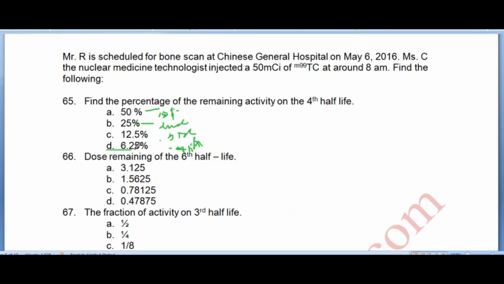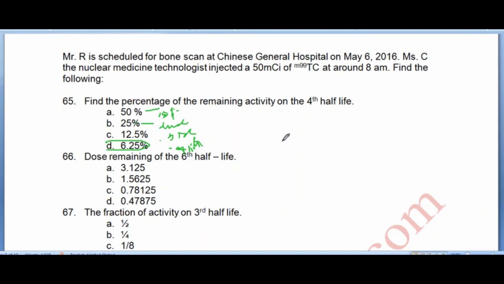The answer is 6.25%. Do you still remember the table? The first half-life is 50%, the second is 25%, and so on. Next, the remaining activity of the sixth half-life.